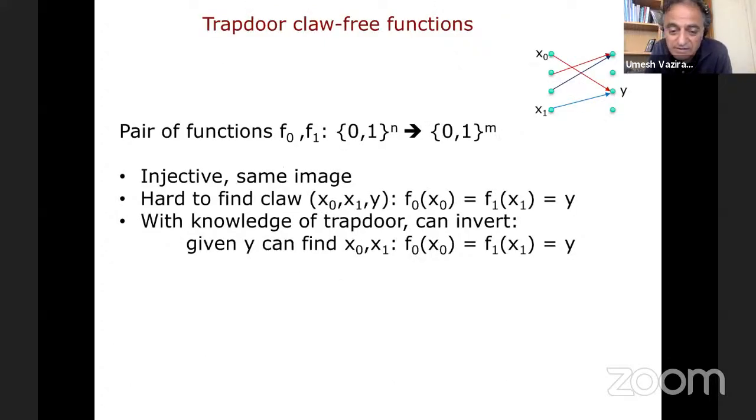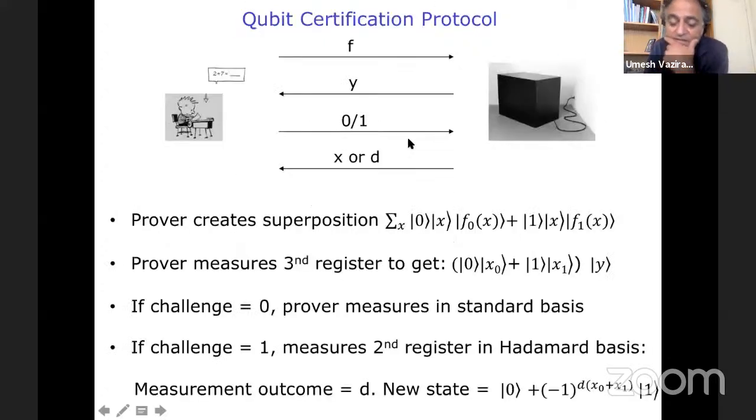In this case, the prover is left with a single qubit, and the single qubit is in this state where it's an equal superposition of 0 and 1, but with a phase which is d dot x0 plus x1, where d is the result of that measurement. So d is what the prover sends back to the verifier.